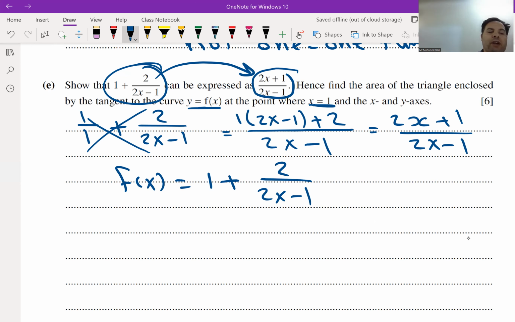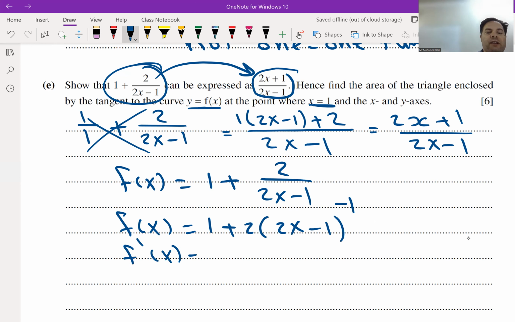So if we start with differentiation, how to get f dash x, you have to write it and use the chain rule. I will write it 1 plus (2x minus 1) all to the power of negative 1. Start to differentiate f dash x to get the gradient. Differentiation of 1 is 0, 2 is constant, drop the power, then minus 1 will be minus 2 multiplied by the derivative, drop the power, then minus 1, differentiation of this bracket will be 2.